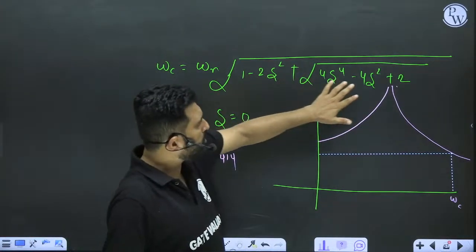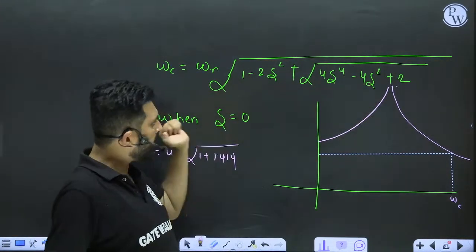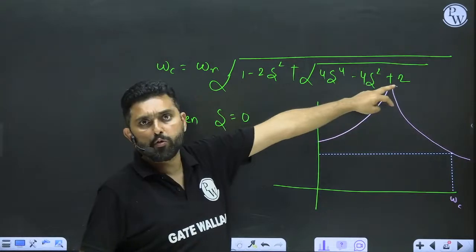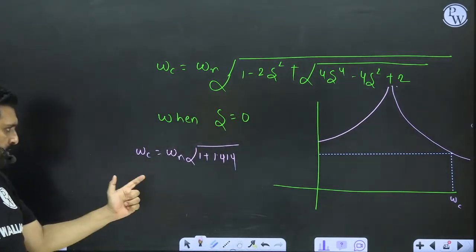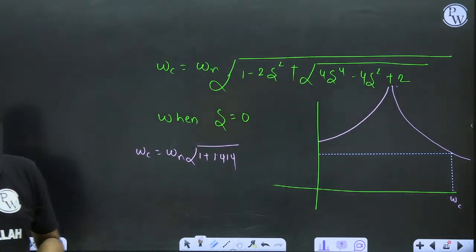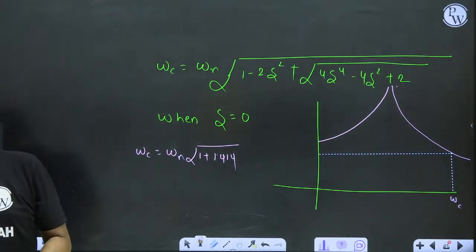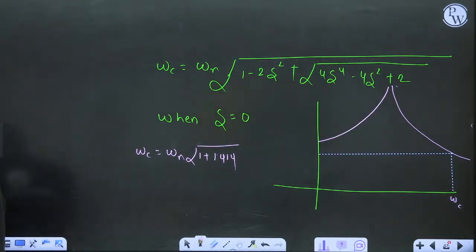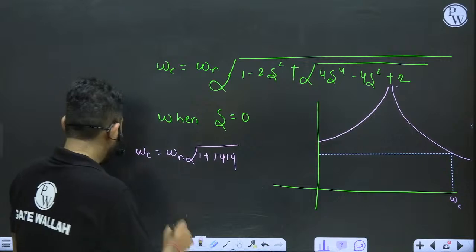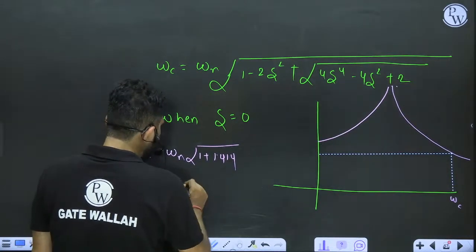This is 0, this is 0, this is 0. Zeta is 0, I am taking. So you left with root 2. Root 2 is 1.414. 1 is already there. So 1 plus 1.414, which is 3.414, and root of that is what? Where's calculator? Root of 3.414 is how much? 1.55. Omega c is 1.55 of omega n.